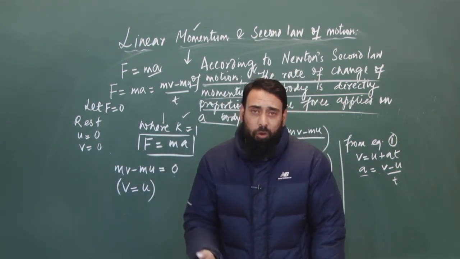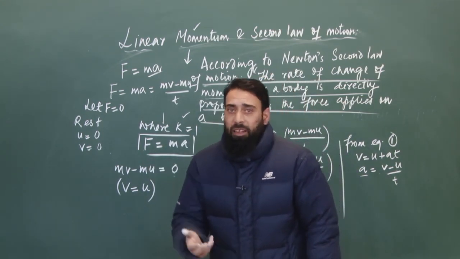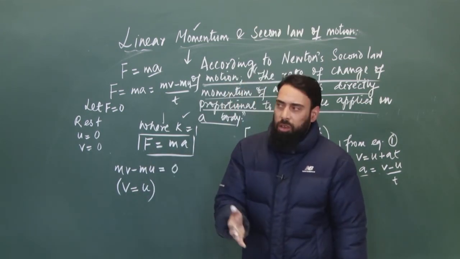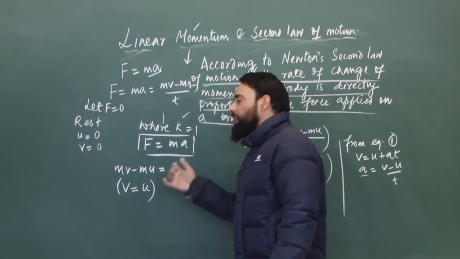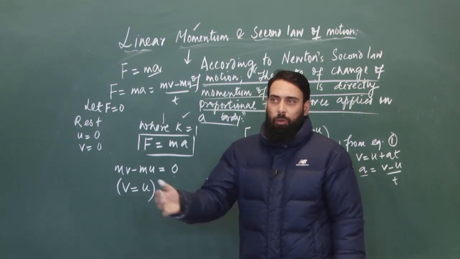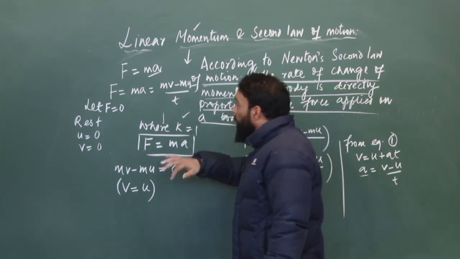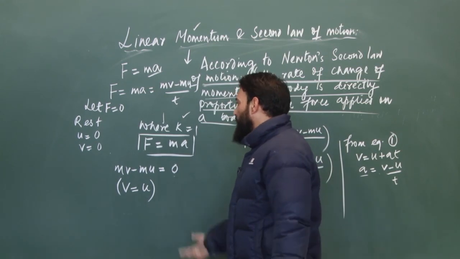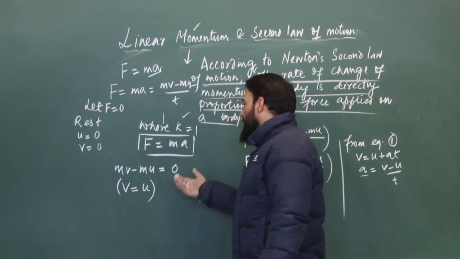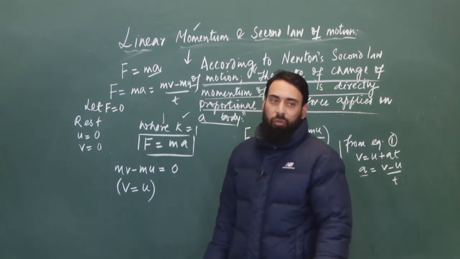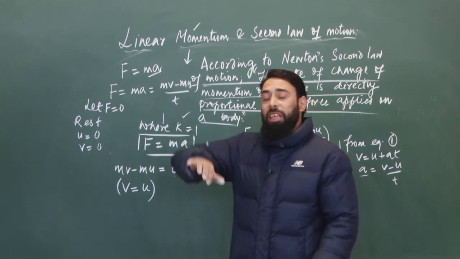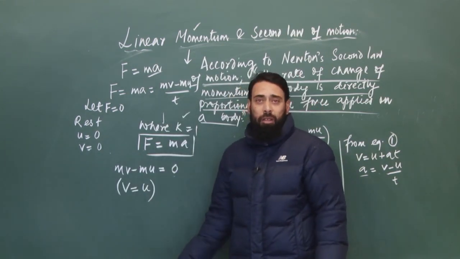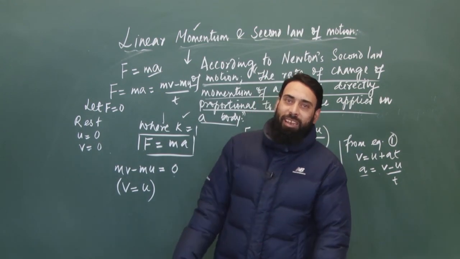When an external force is applied, the body either comes from rest into motion, or from uniform motion it changes its motion. The velocity will change. But when force is equal to 0, the body's initial velocity will be its final velocity, meaning the body is either at rest or moving with a uniform speed. That is basically the first law.